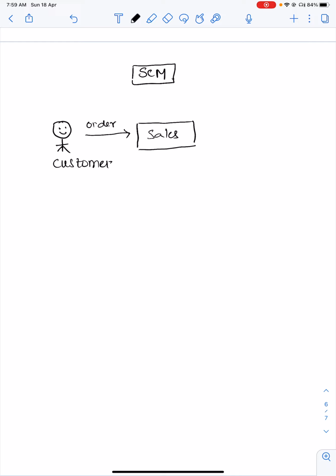Once the sales department takes an order, what will happen? The data has to be sent to another department called inventory. What exactly will the inventory people do?